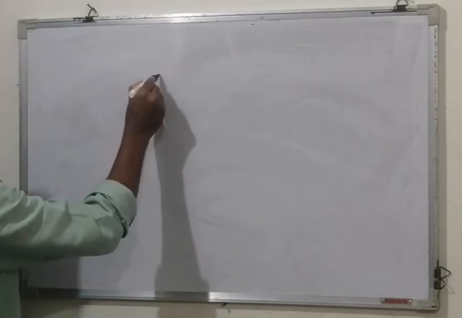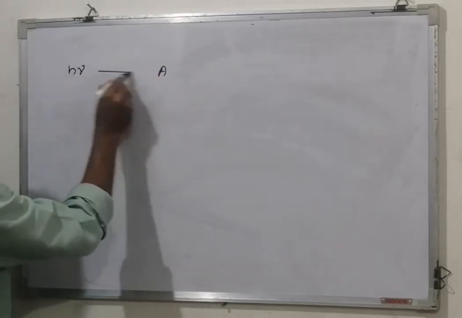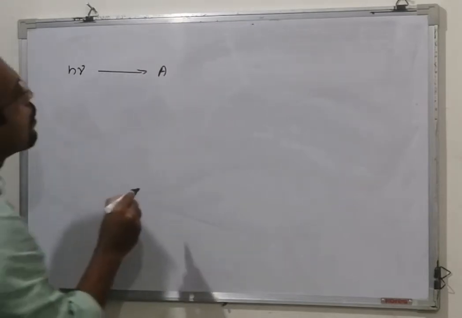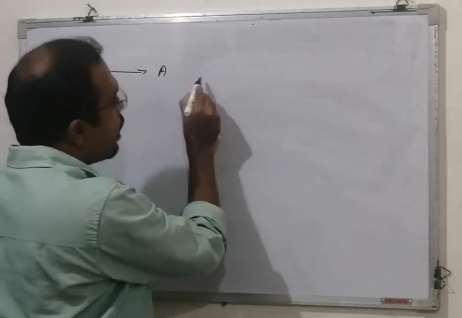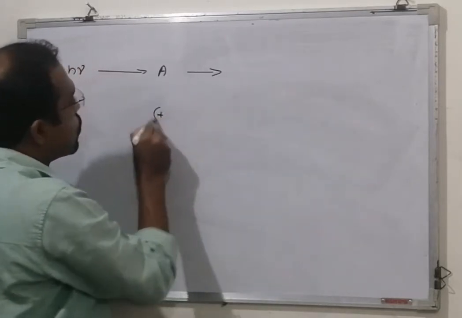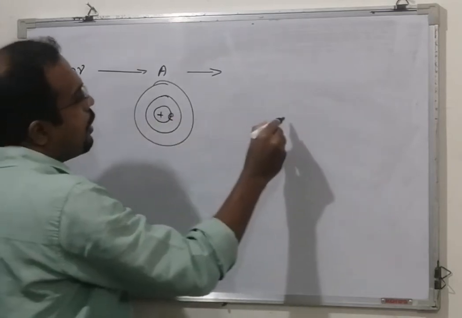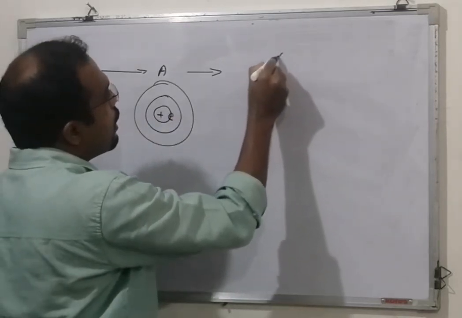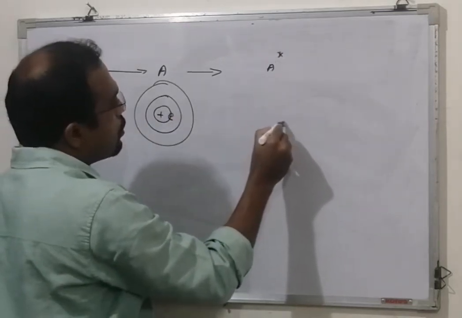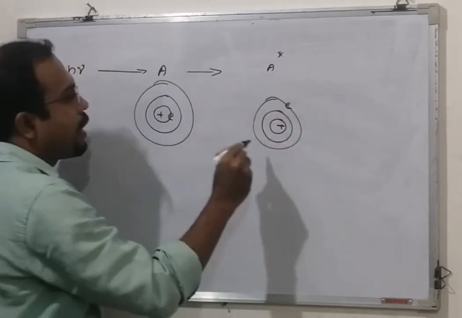Suppose you have an atom, you give a photon, the atom absorbs it, and there will be an excitation in the electronic level. Suppose this is the nucleus and your electron is here; there will be an excitation, A star, the excited atom, that is, now your electron will probably be here. Excitation.